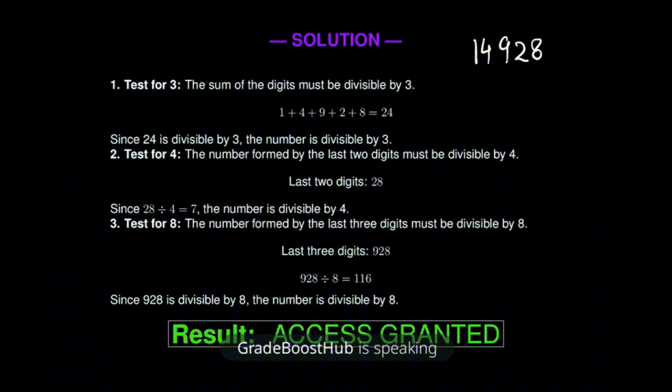We add up each of these digits and we see that the sum comes out to be 24. And 24 is divisible by 3, since 3 times 6 is equal to 24. So yes, 24 is divisible, that is, the sum of the digits of the number is divisible. Thus, this number is divisible by 3.